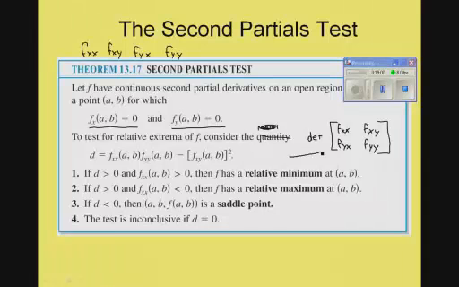What I mean is all these functions evaluated at (a, b). Okay? Now, if I have that, then these conclusions work.